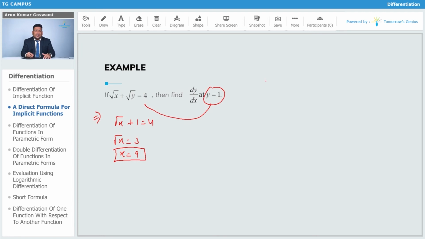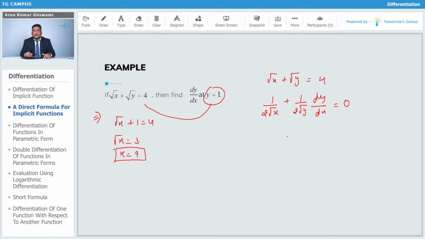Now if I differentiate root x plus root y is equal to 4, I get 1 by 2 root x plus 1 by 2 root y dy by dx is equal to 0. Constant differentiation is always 0.